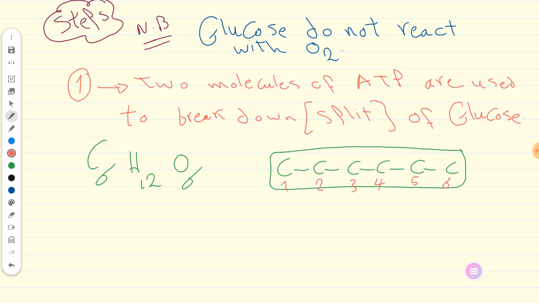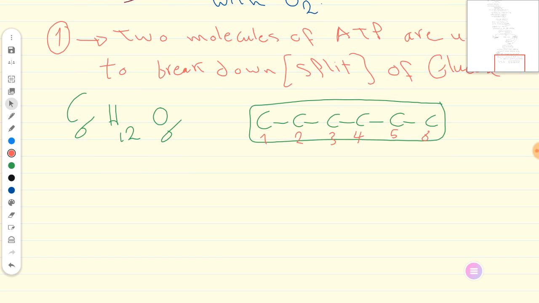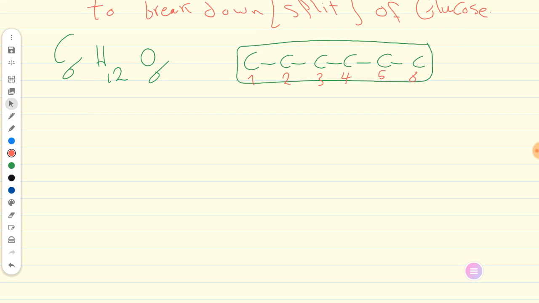By using these 2 ATP molecules, the cell starts to split the glucose molecule inside the cytoplasm, and the splitting of glucose results in 3-carbon molecules.